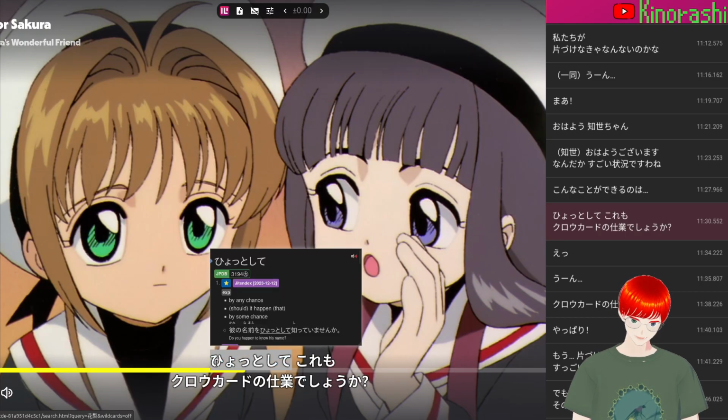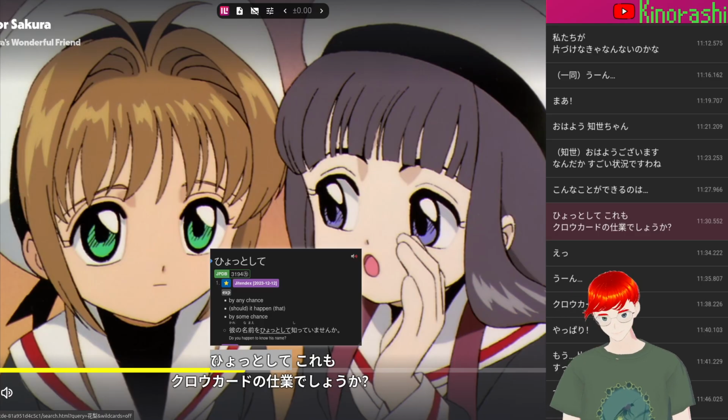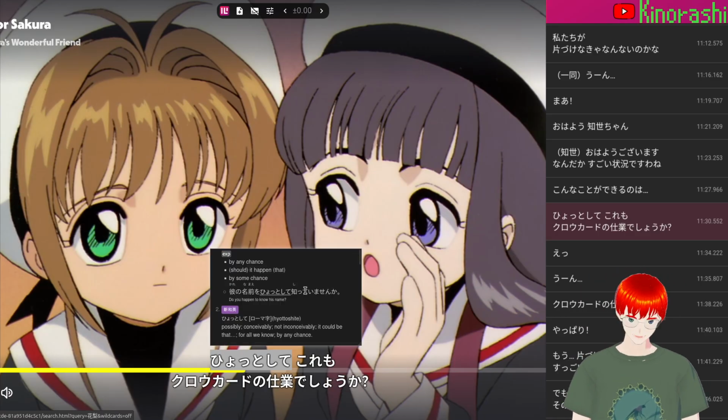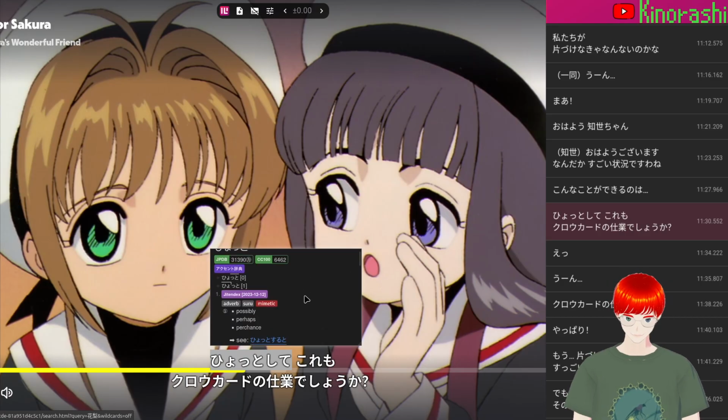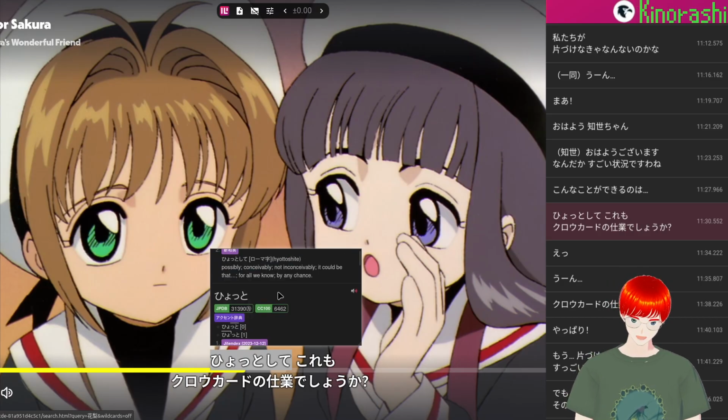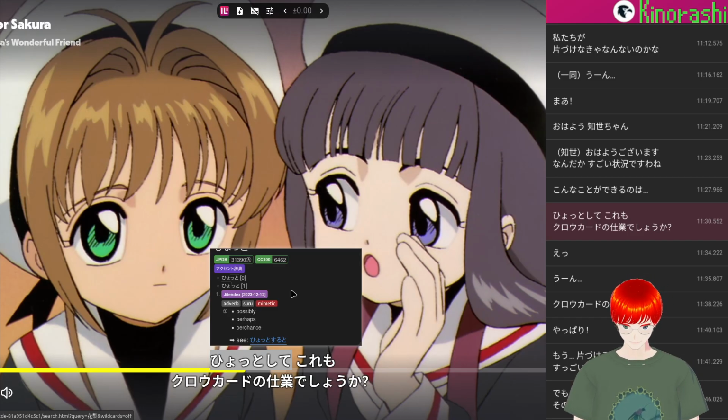Hyotto shite, hyotto. By any chance, but what does hyotto mean by itself? Because I suspect that's shite as in doing. So hyotto, possibly. Adverb, pseudo verb. Doing possibly this, kore, this mo.